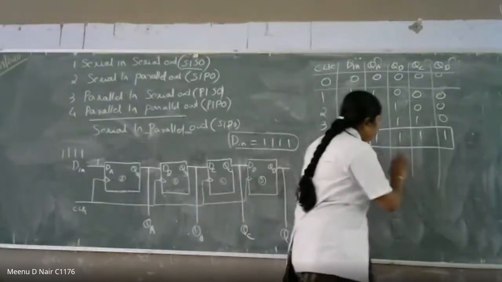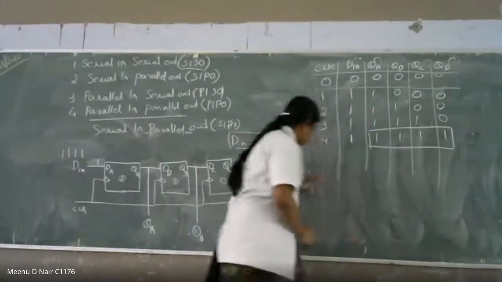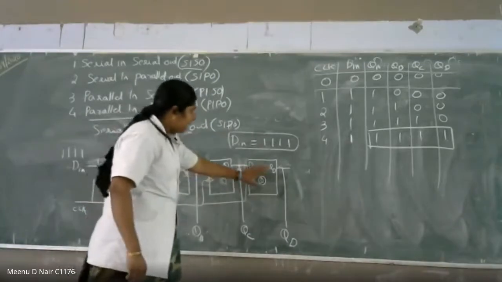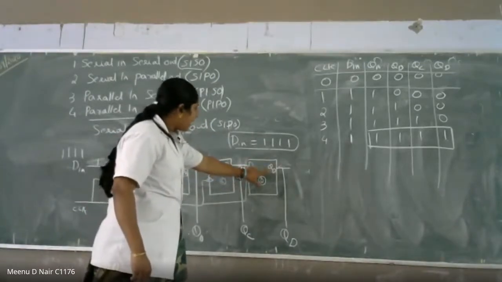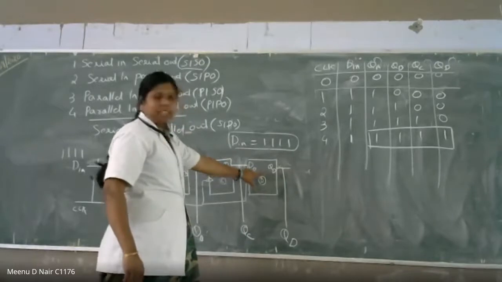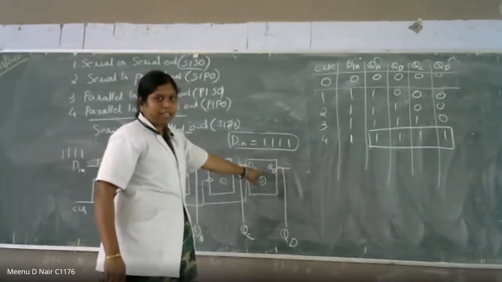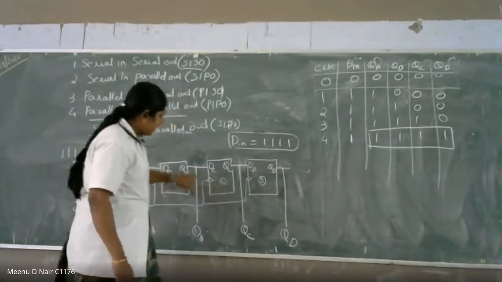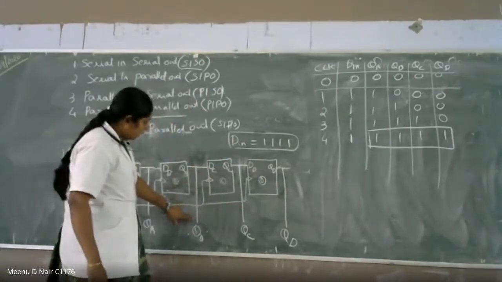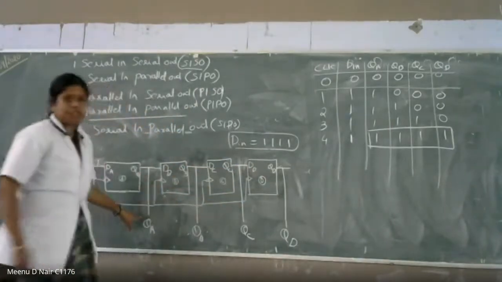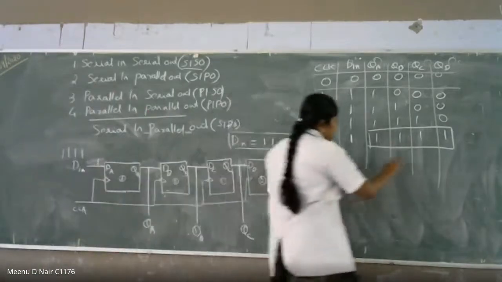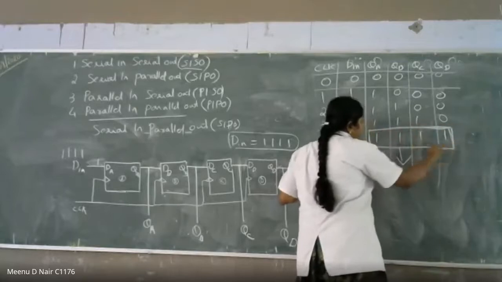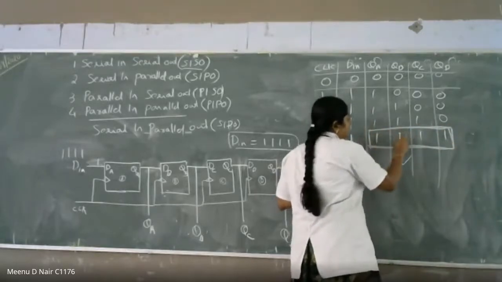Actually, how you have to read this one is that D is extracting the first bit, then C is extracting the second bit, then the third bit, and this is the last bit. So this is your output. QA, QB, QC, QD you are extracting as 1 1 1 1.